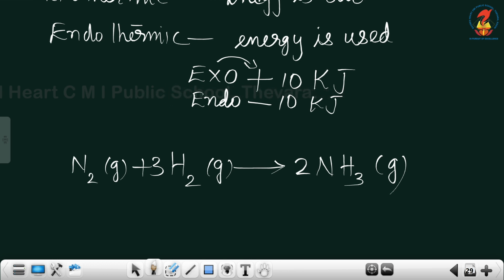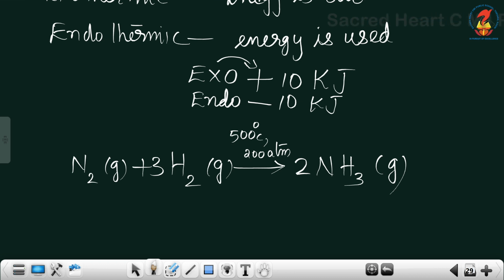This is a balanced chemical equation, and this particular reaction is carried out at 500 degrees Celsius. So, the temperature we mention just above the arrow, 500 degrees Celsius, and the pressure is also mentioned, 200 atmospheric pressure, unit is ATM.